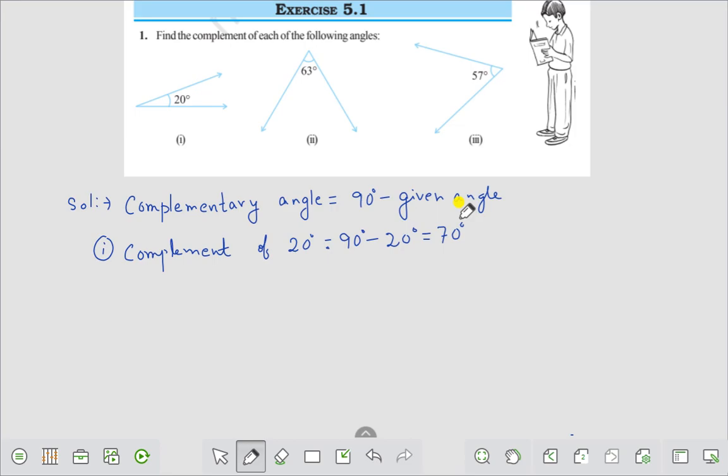That is 90 minus 20, 70. Therefore, the complement of 20 degrees is 70 degrees.